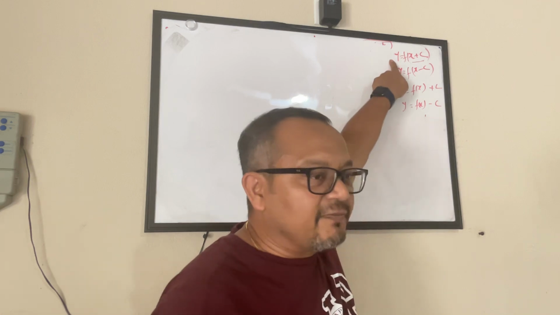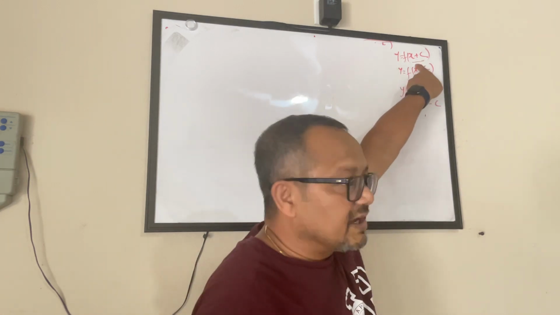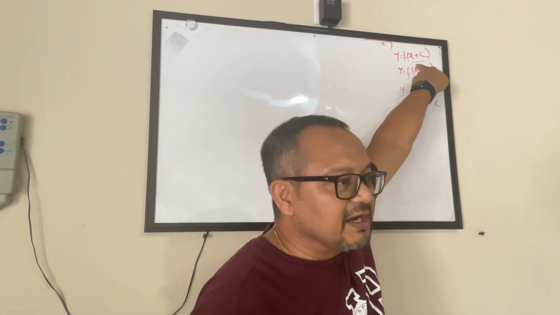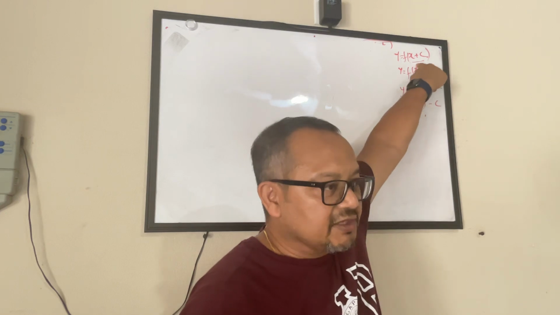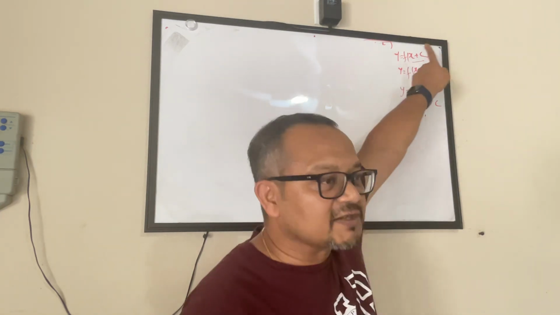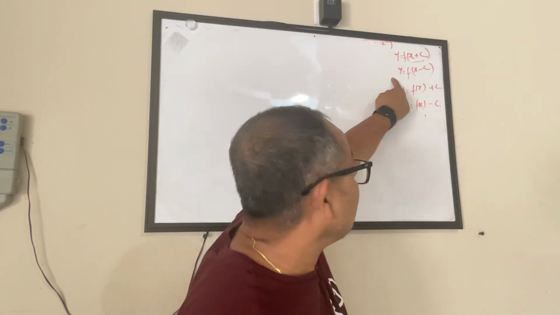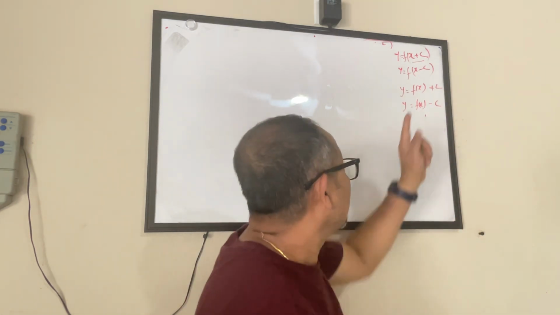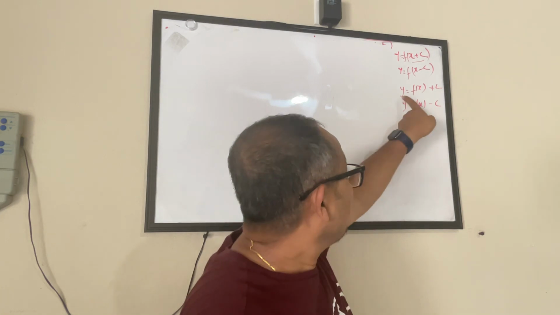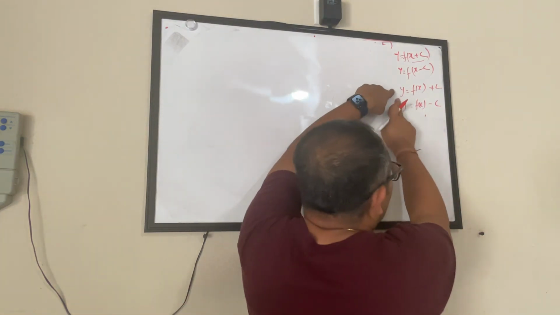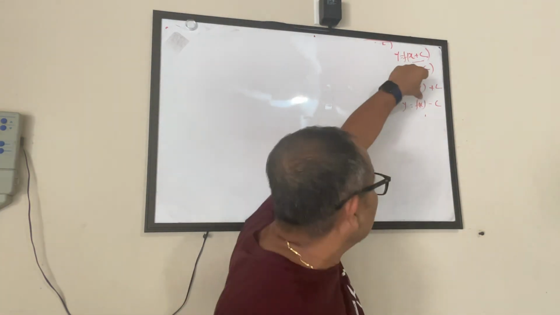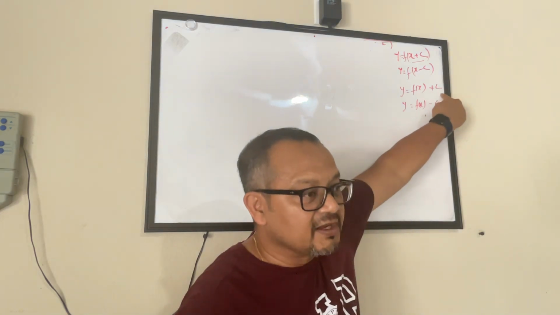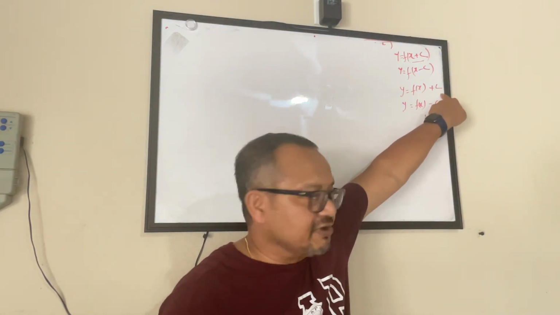One scenario is when my function has something added inside it, so instead of function of x, it's function of x plus c. Second is function of x minus c. Meaning, when I change something in the x coordinate, what will be the value of y? When I add this constant in the equation, and when I subtract it, what happens to my parabola?